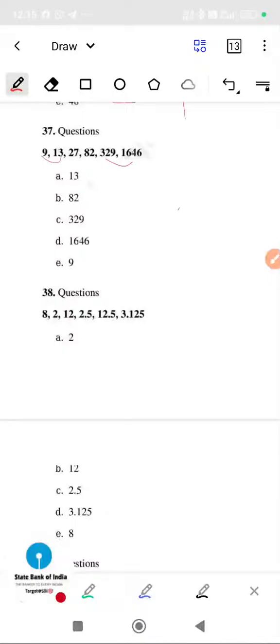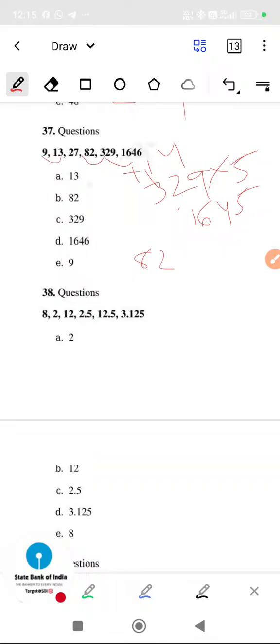So it must be multiplication. 329, 5 times, 9, 5 times 45... So multiplied by 5 plus 1, it will be 82. 4 times 32... multiplied by 2 plus 1, multiplied by 4 plus 1, so it must be multiplied by 3 plus 1.